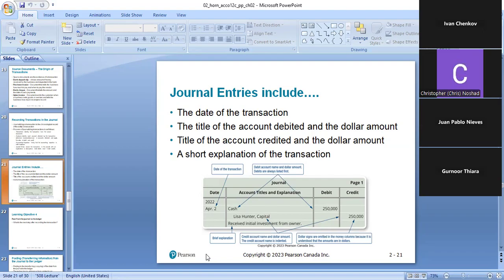Now, journal entries. On the journal entry, again, we're going to have the date of the transaction, the accounts involved, the titles of the accounts, which account we debit, which account we credit, and the amounts that we debit and credit. Sometimes an explanation is needed, sometimes it is not. On the questions, we're going to specify when you have to provide an explanation and when you don't.